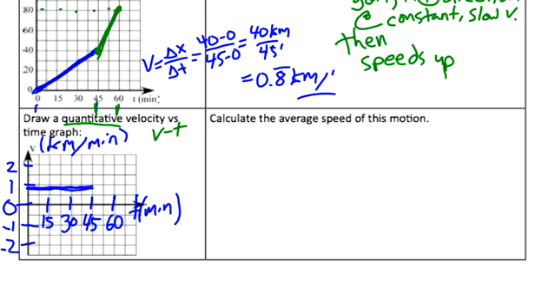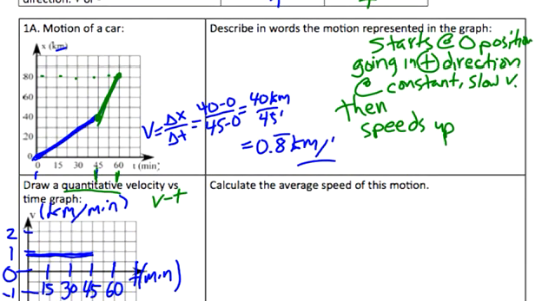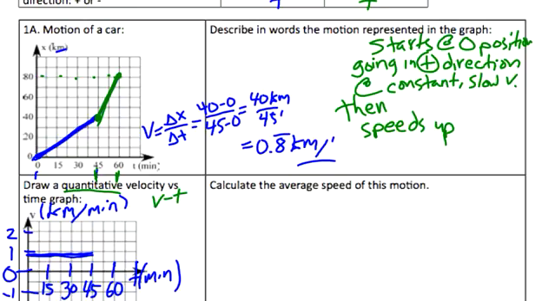Let's calculate the velocity for segment number 2. Velocity is rise over run. So it rises, final is 80 minus the initial is 40. And the final time is 60. The initial time is 45.